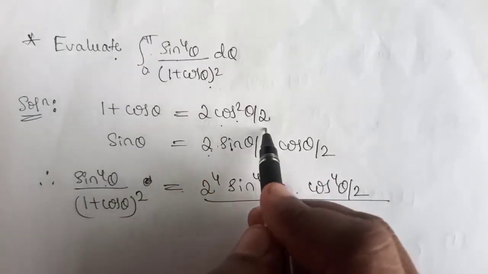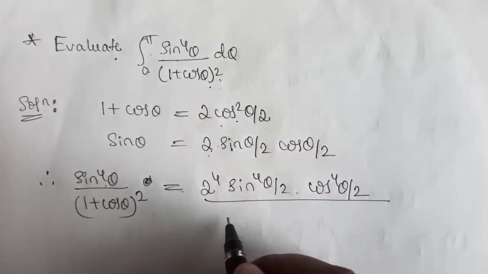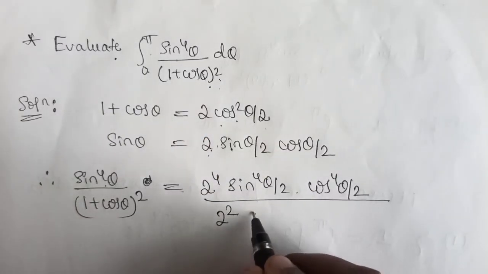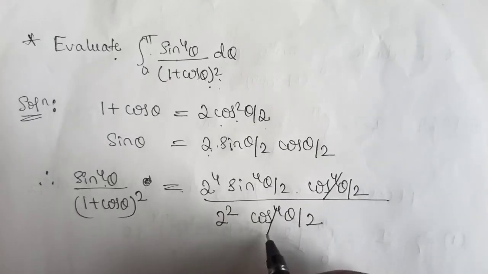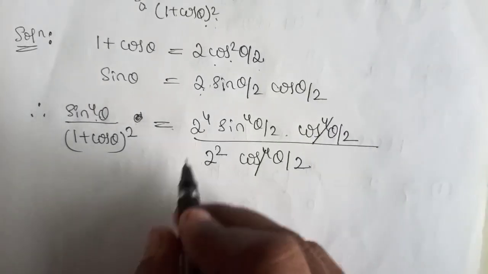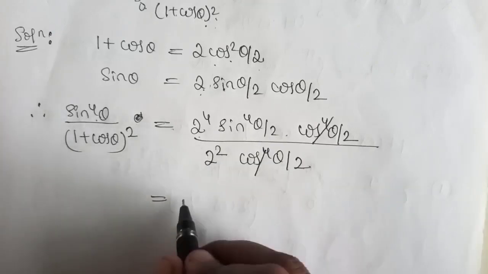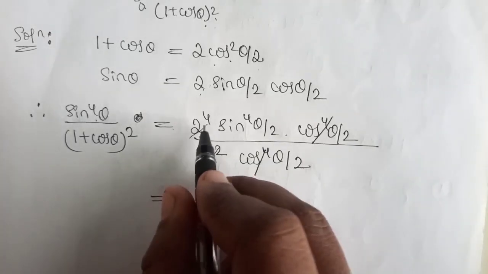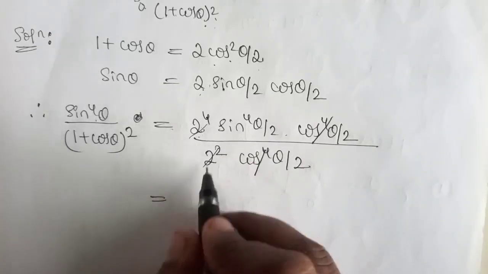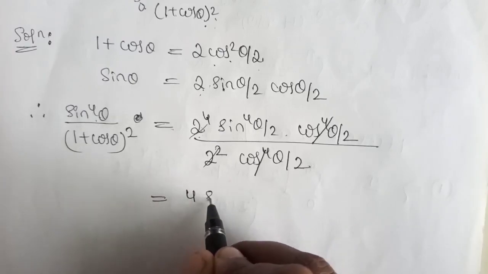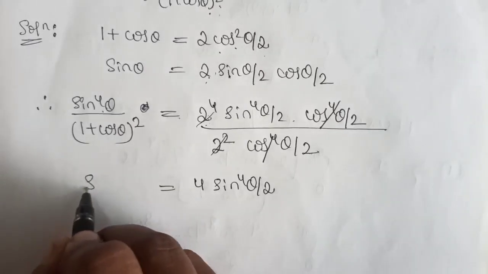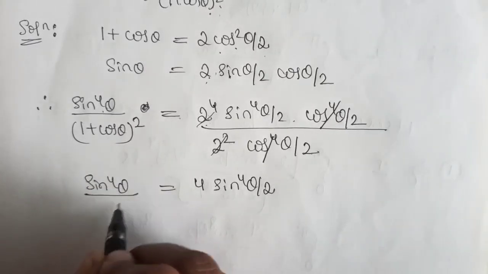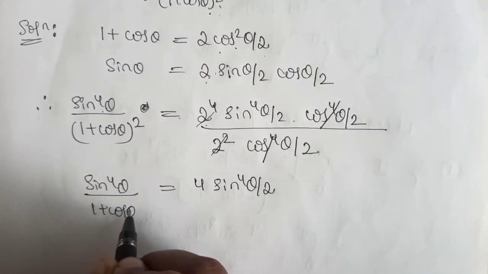1 plus cos theta, which means (2 cos square theta by 2) whole power 2, which equals 2 power 2 cos power 4 theta by 2. So cos power 4 theta by 2 cancels. Simplifying this, we get 2 power 4 divided by 2 power 2, which equals 4 sin power 4 theta by 2. So this is sin power 4 theta divided by (1 plus cos theta) whole square.